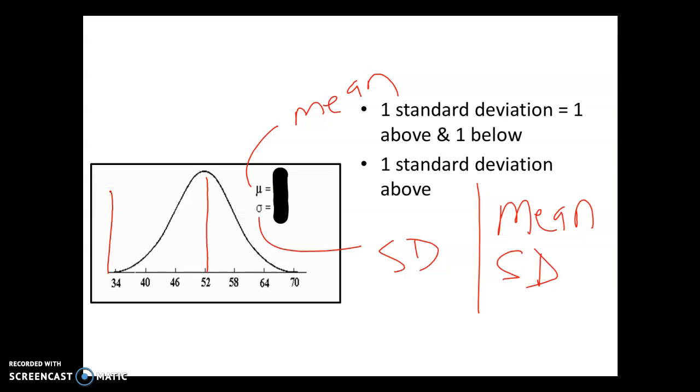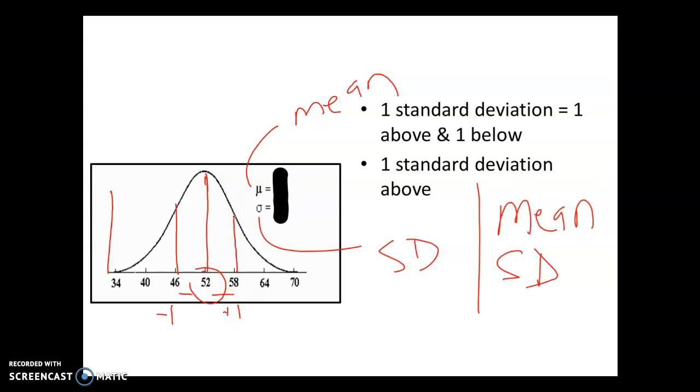Okay? All right. So you should have figured out that the mean is 52 because the mean, the mode, and the median are all the same. They're at the top of the mountain, right over here. Now, this is the first score above 52, and this is the first score below 52, right? So we're within the realm of one standard deviation below the mean and one standard deviation above the mean.